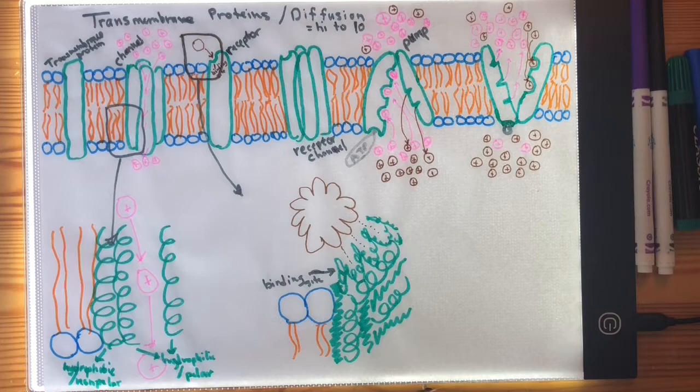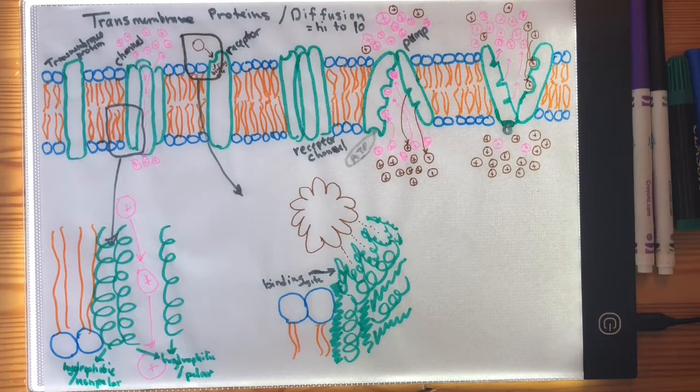The third protein that we drew was a receptor where you had some sort of neurotransmitter, hormone, some structure coming along and fitting perfectly into that binding site to allow for some sort of activity to occur inside of the cell, for example, some kind of a cellular change to occur.